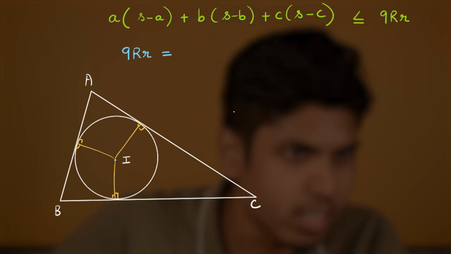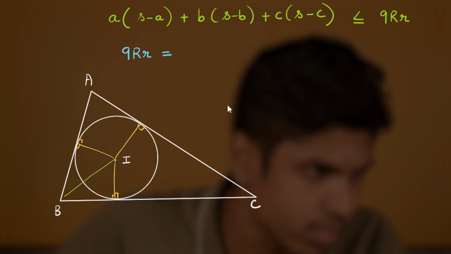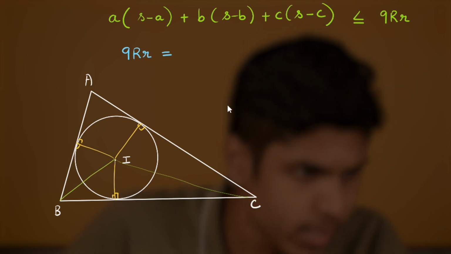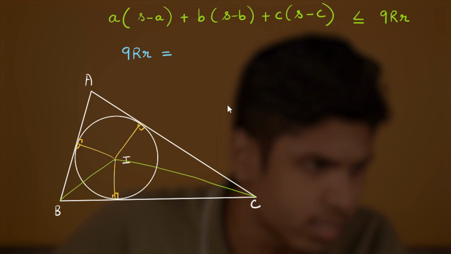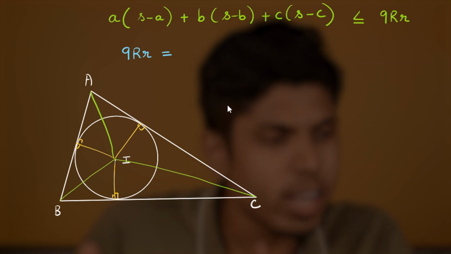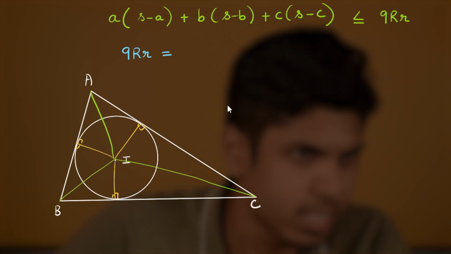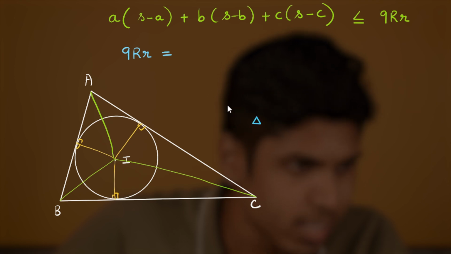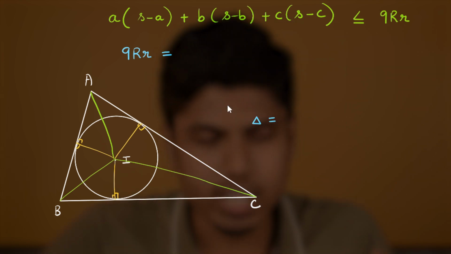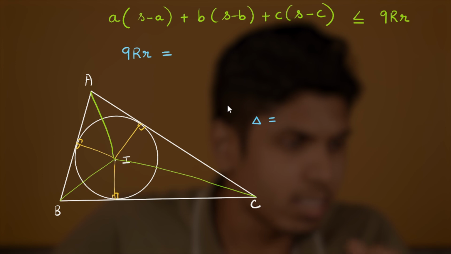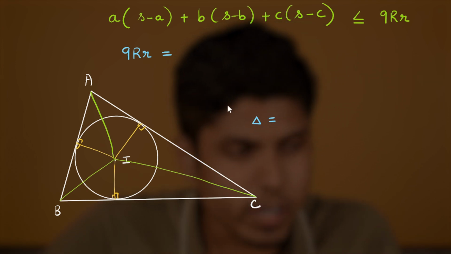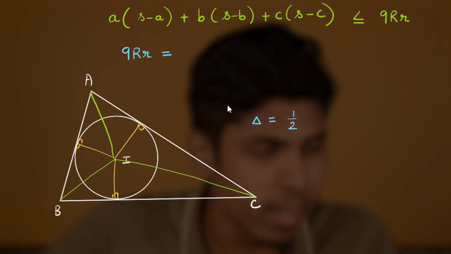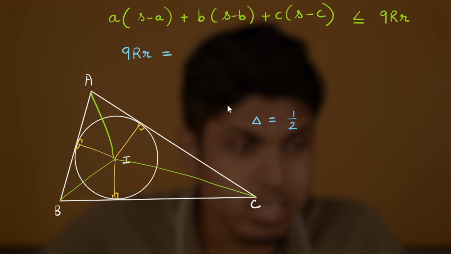Let's construct the triangles BIC, CIA, and AIB. So the total area of the triangle, which is delta, can be represented as the sum of these three areas, and the area of each individual triangle would be half times the height, which is the inradius, times the base length, which is c.